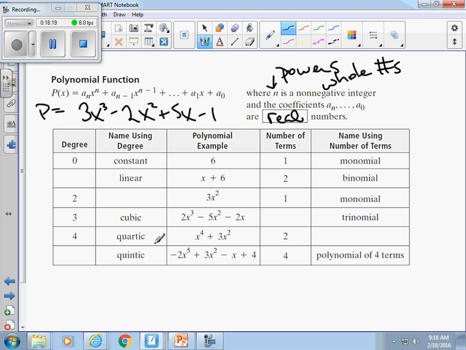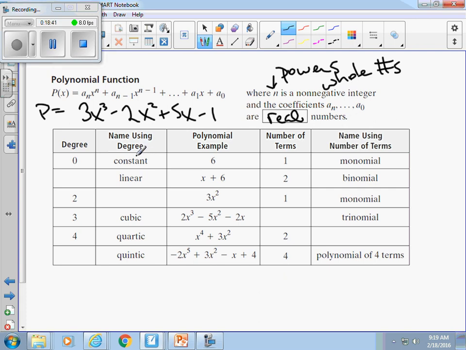We can name polynomials in 2 ways. And a lot of times I hear you get these confused. You know a lot of these names, but sometimes we don't know where they're coming from. We can name them by the degree or by how many terms they have.